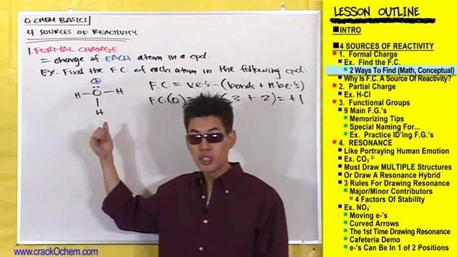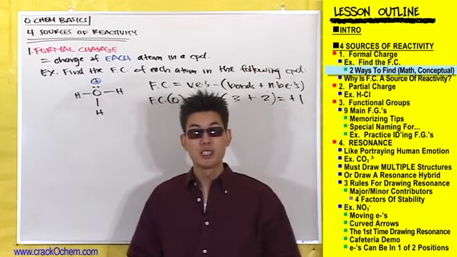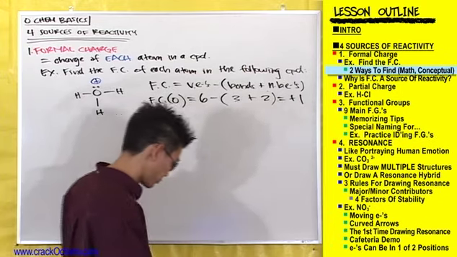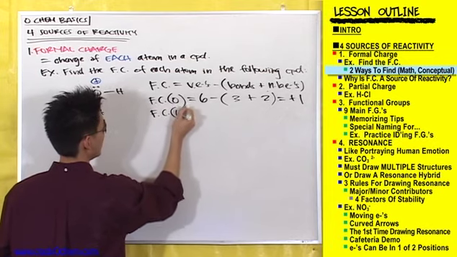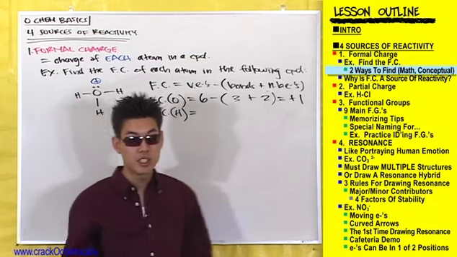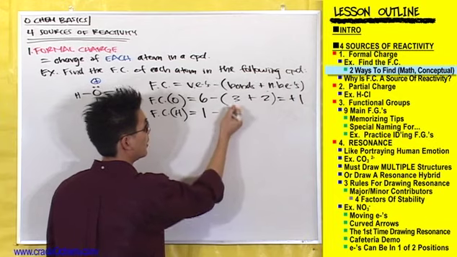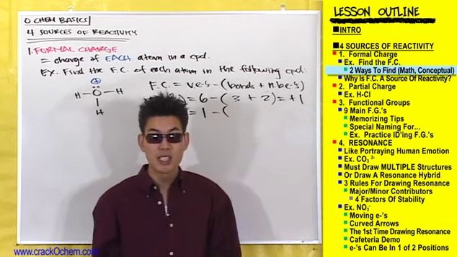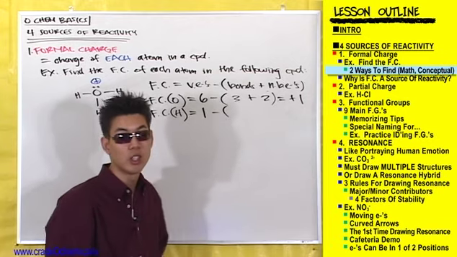And if you plug all the information into the formal charge formula, you'll find this to be true. So let's do this real quick. Fc parentheses H, the formal charge of hydrogen, equals the number of valence electrons hydrogen has, which is 1 according to the periodic table, minus the number of bonds attached to hydrogen, which is 1 in each case, right? That's why I said they're all the same.